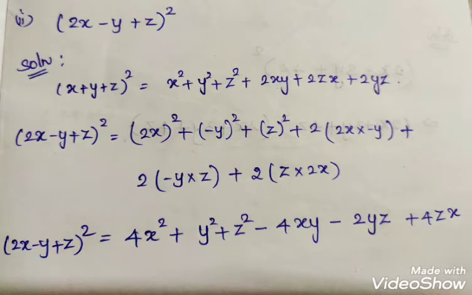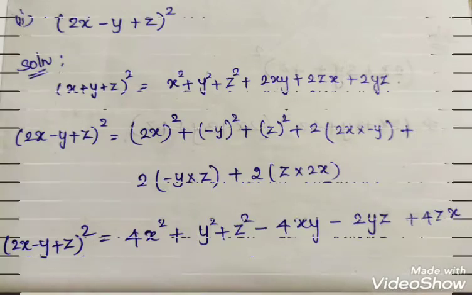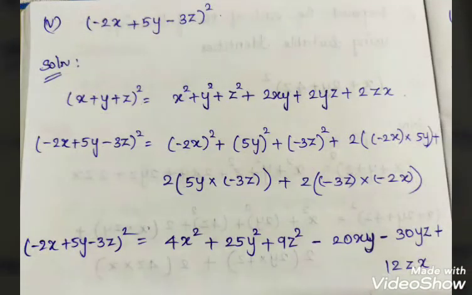The only thing is, you have to know the expansion of the identity. Then we simply substitute the values of x, y and z. Next is minus 2x plus 5y and minus 3z the whole square. The same thing: in the place of x we have to put minus 2x, in the place of z we have to put minus 3z.